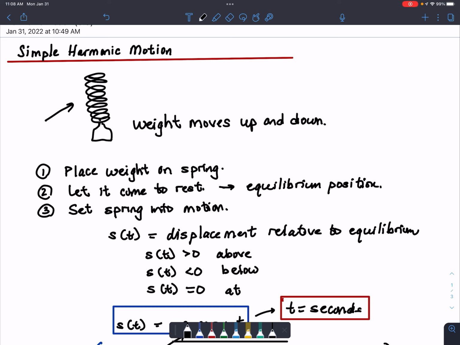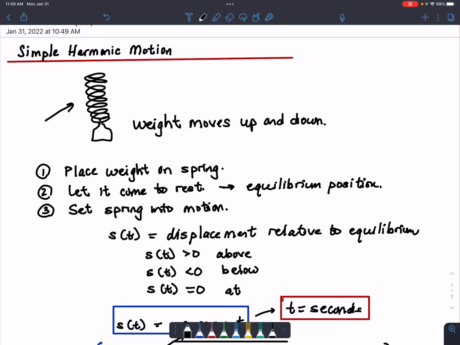So we call S of t the displacement, kind of like distance, except it's allowed to be negative, relative to equilibrium. If S of t is positive, that means the weight is above equilibrium. If S of t is less than 0, then it's below equilibrium. And if S of t is equal to 0, the object is at the equilibrium position.